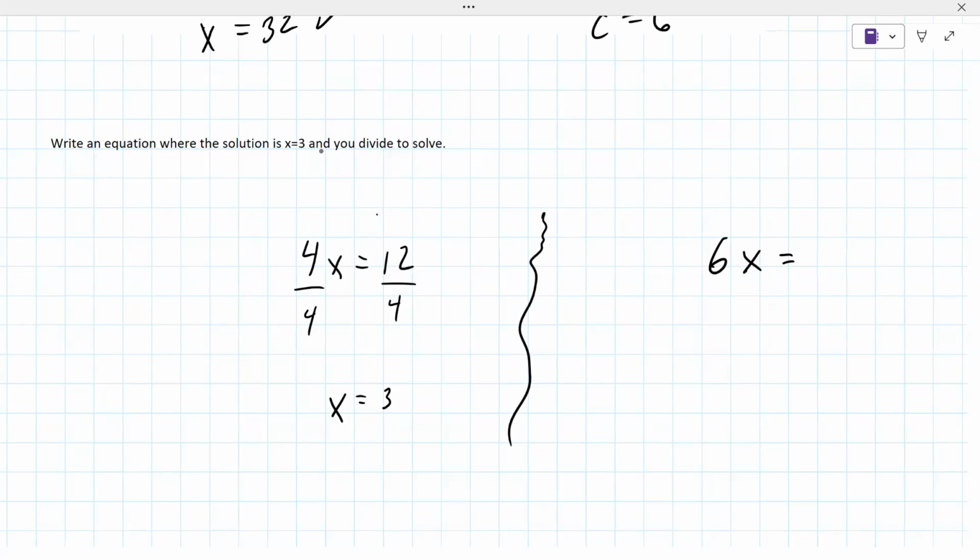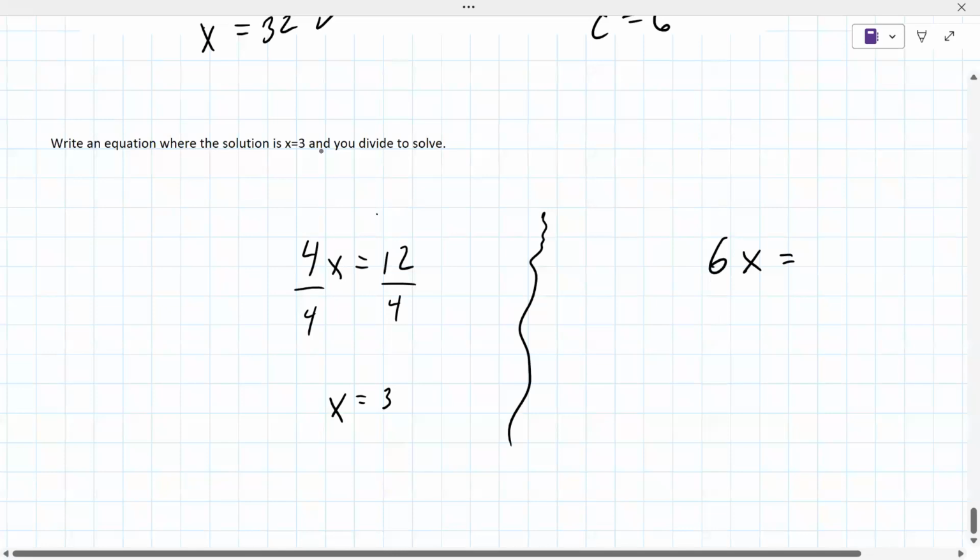We got your brain working in the other direction here. 6x equals 18. Yes, that works. Okay. You divide by 6, and you get x equals 3.